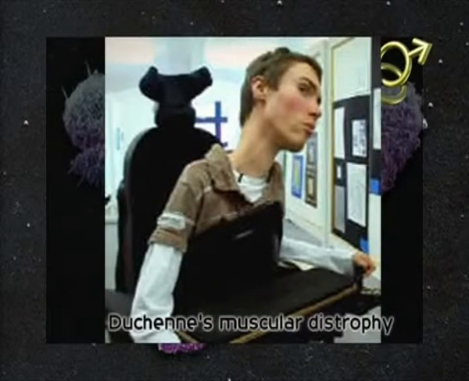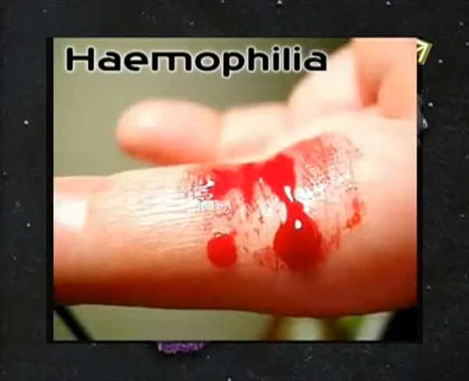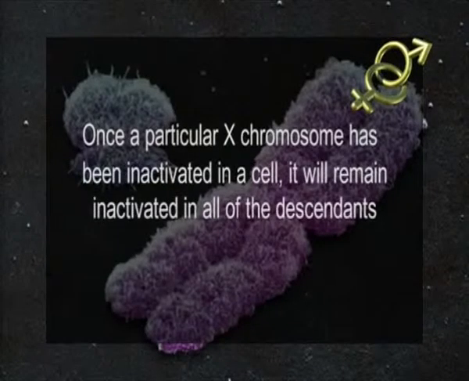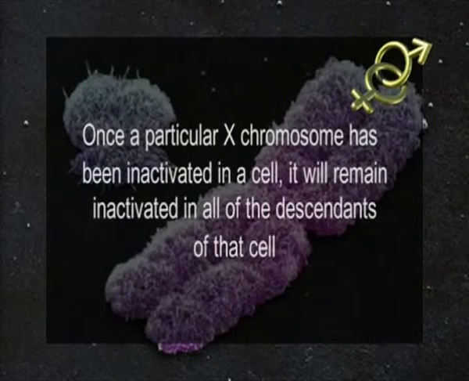X-linked disorders include some forms of color blindness, Duchenne's muscular dystrophy, and some types of hemophilia. The inactivation of an X chromosome in the cells of a developing female embryo occurs randomly, so that about half of the cells express the genes in one X chromosome and half express the genes in the other X chromosome. Once a particular X chromosome has been inactivated in a cell, it will remain inactivated in all of the descendants of that cell.